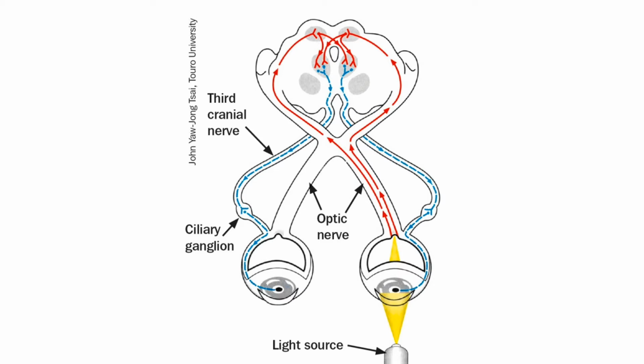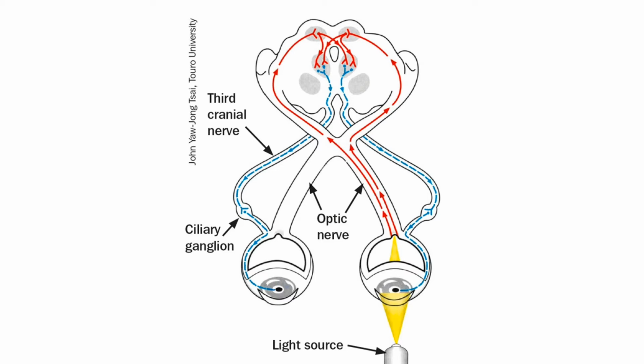Information from the nasal retina crosses over the optic chiasm into the contralateral or right side optic tract. The temporal fibers stay on the same side, and then they also enter their respective optic tract.